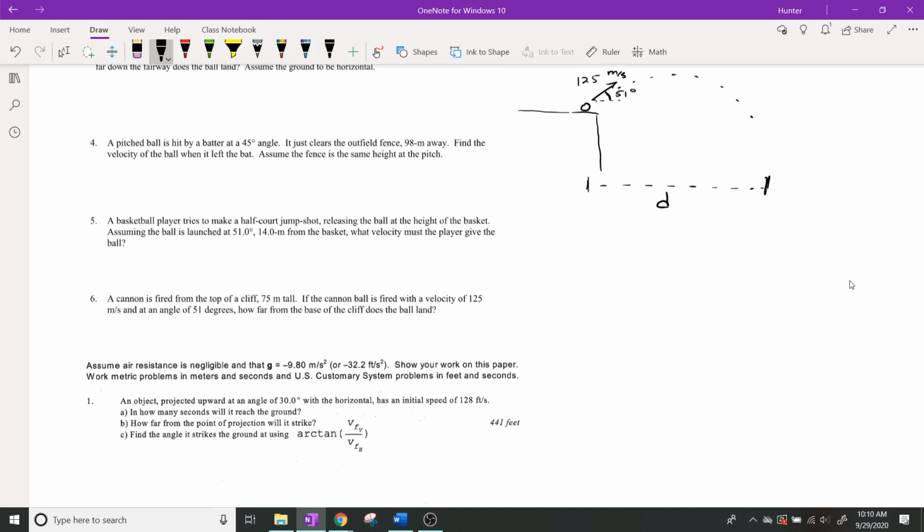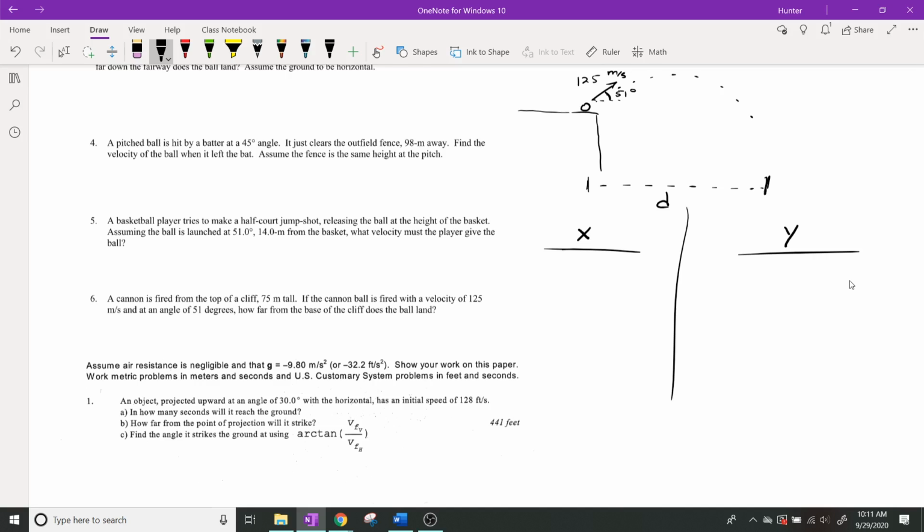So let's write out our DVAT. Remember, in order to do a projectile problem, we need to split up our DVAT into the X and the Y. So I'm going to split it apart.